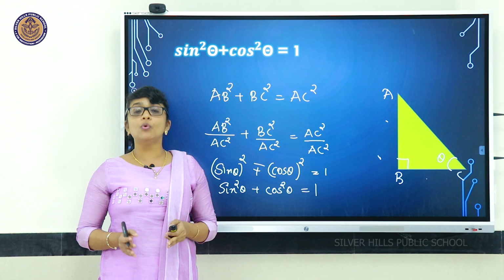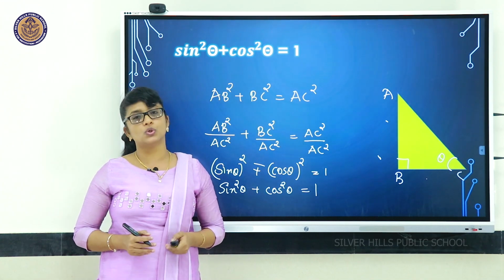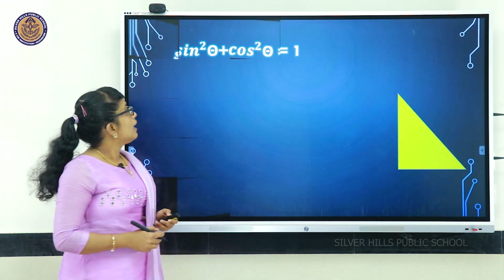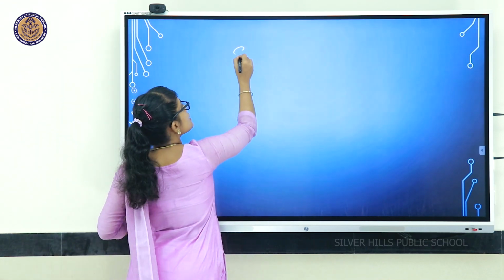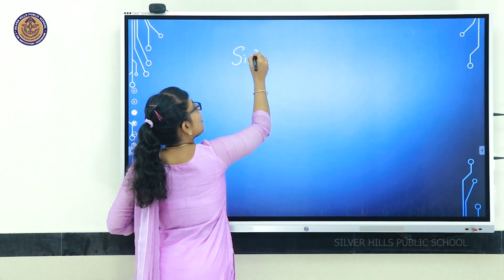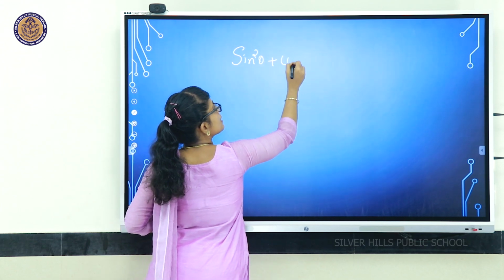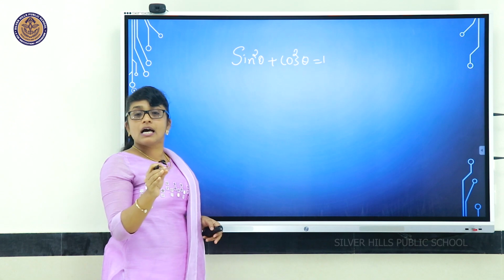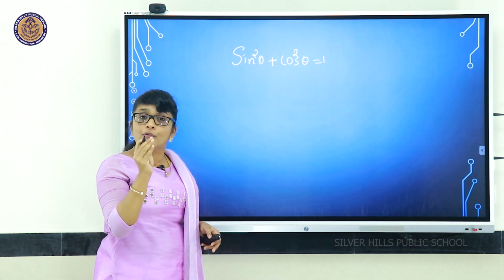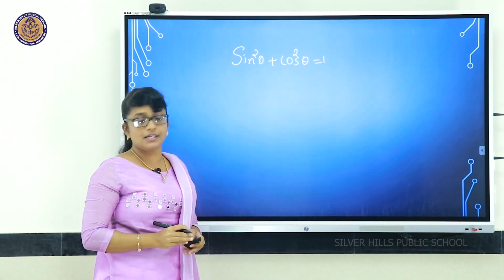Similarly, we can prove other identities also. Next, from this identity, sin square theta plus cos square theta equal to 1, we can form sub-identities.